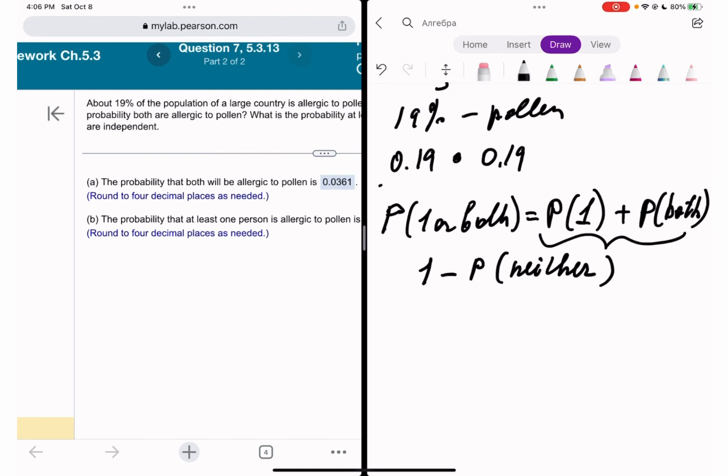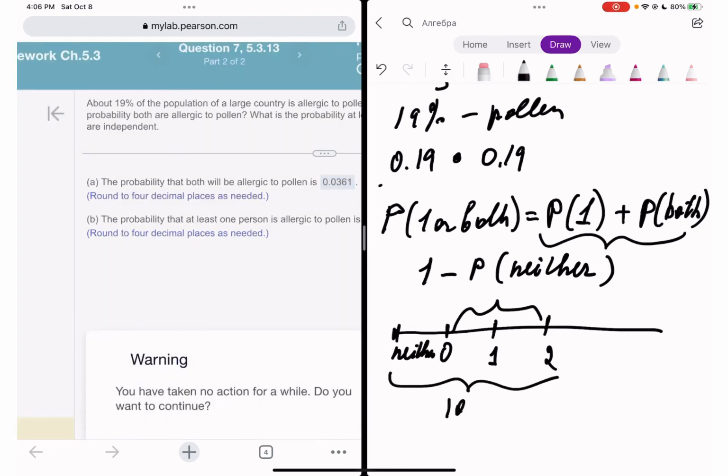That's what it's going to be. So let me explain a little bit better here. Let's say this is our 0 point, this is our 1, and this is two people. And this is neither one, right? So all this together is 100% or equal 1.